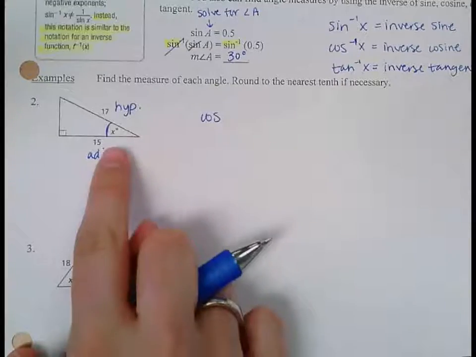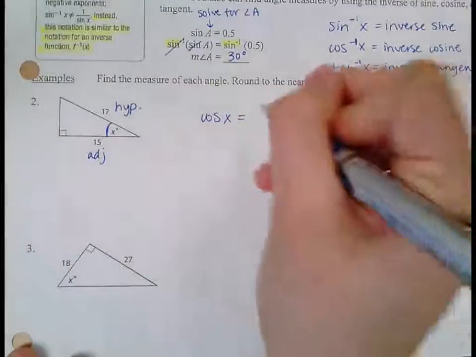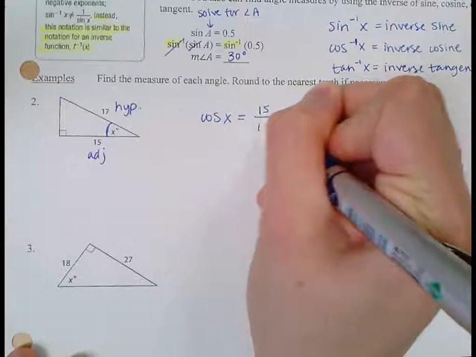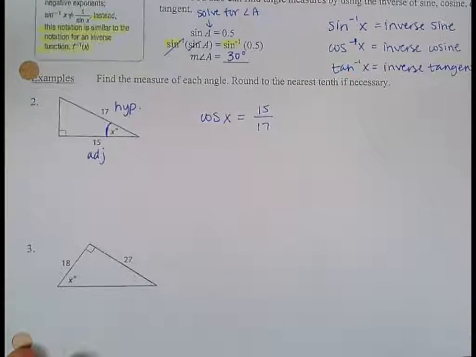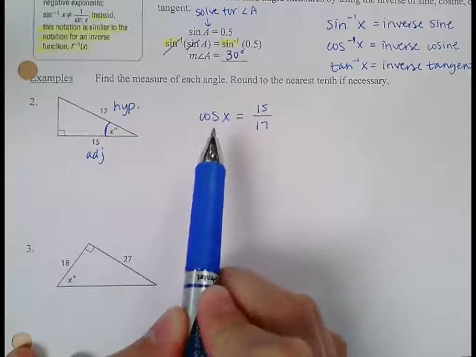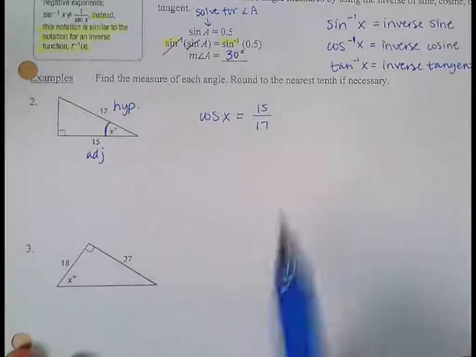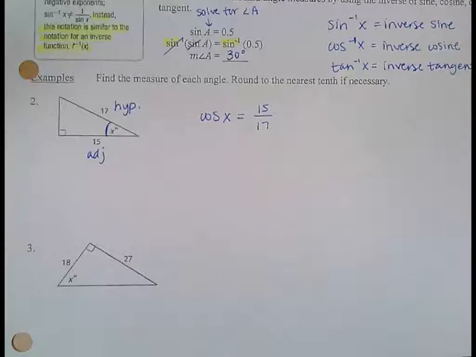So I would set this up first, that cosine of x is equal to 15 over 17. All right, and then I'm trying to solve for x. So again, I'm not dividing by cosine, because that means nothing. I take inverse cosine of both sides.